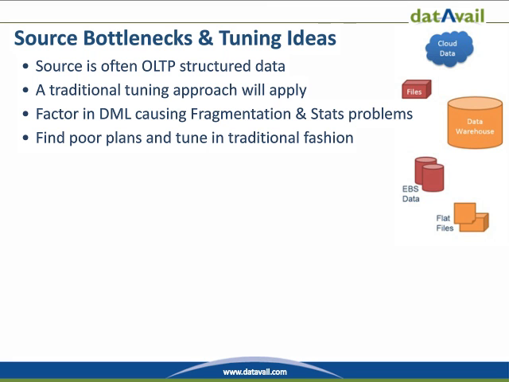So take that knowledge and apply it to finding the bottlenecks and tuning the source. That might be the fastest, easiest place to start. You're probably already familiar with tuning OLTP queries.